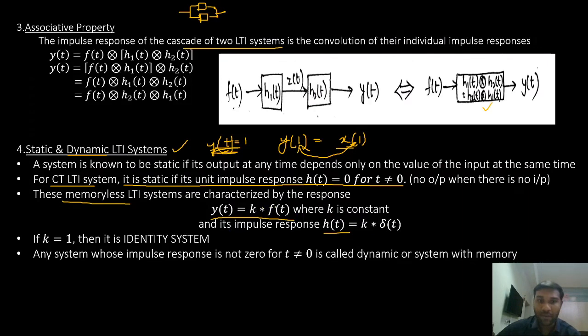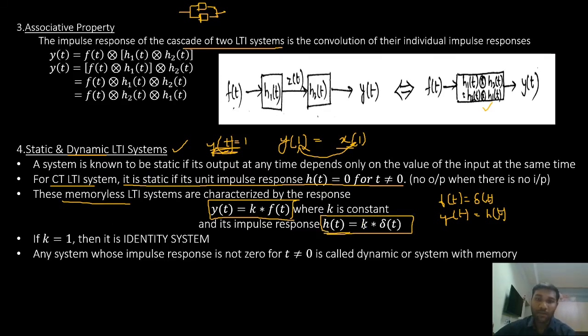When the input f of t equals delta of t, a unit impulse function, then the corresponding response of the system y of t is nothing but h of t. So I substitute y and f as h and delta in the equation here, and I get my unit impulse response.